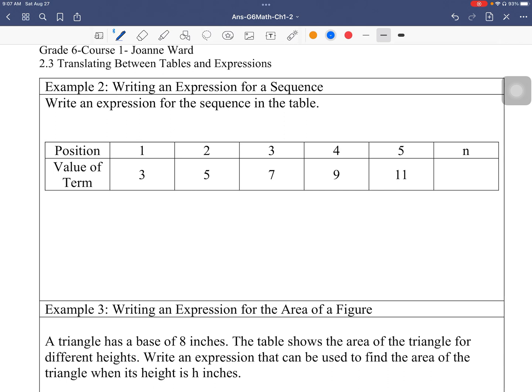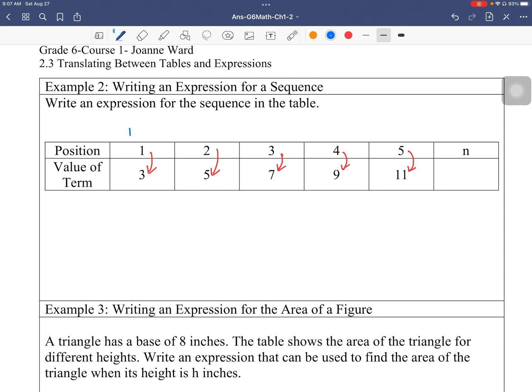So the positions are 1, 2, 3, 4, 5 to n, and then I have the values of the terms. For position 1 the value of the term is 3, for 2 it is 5, for 3 it is 7, for 4 it is 9, and for 5 it is 11. So now we have to check and guess the sequence.